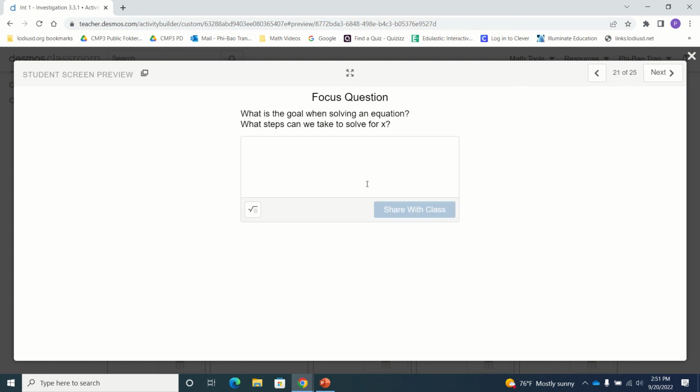So our focus question, how do we solve for equation? What's our goal? Our goal is to get x by itself. And what steps can we take to solve for x? We can add or subtract tiles to both sides in order to cancel out.